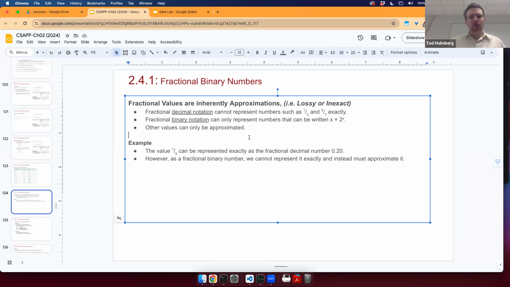Whereas in binary, we can only represent numbers that can be written in the form of x times 2 to the power of y. Any other values are going to end up being approximated. And then further examples, like 1/5 can be represented exactly as a fractional decimal of 0.2. However, as a fractional binary number, we cannot represent it exactly, and instead it has to be approximate.